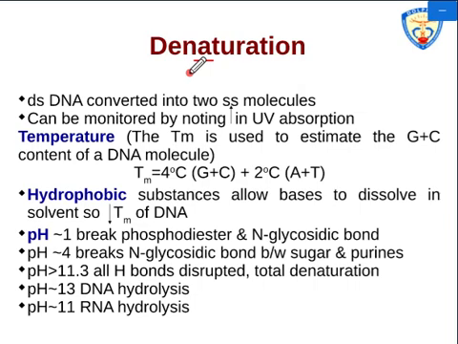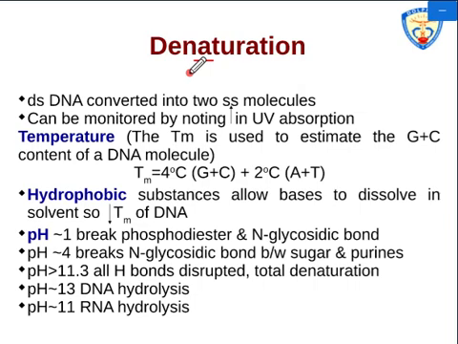Apart from temperature, certain chemicals can be used, organic solvents like dimethyl sulfoxide, commonly DMSO, and formamide. They can also break hydrogen bonds between DNA strands, thereby denaturing a DNA molecule.